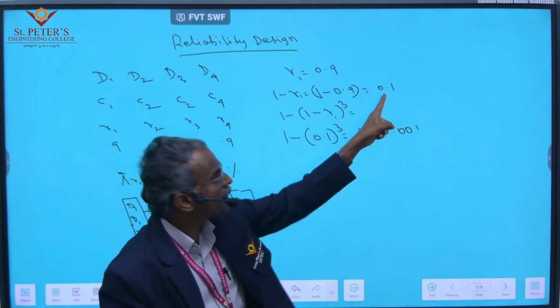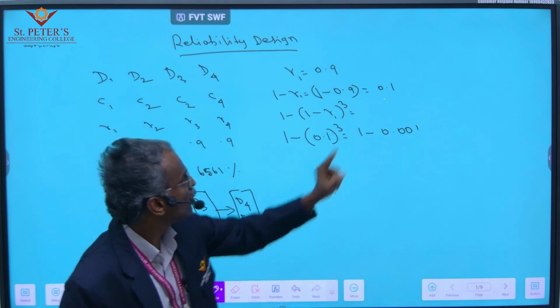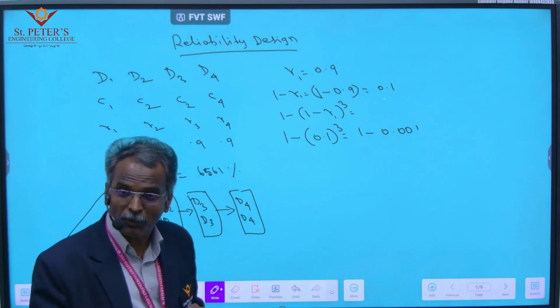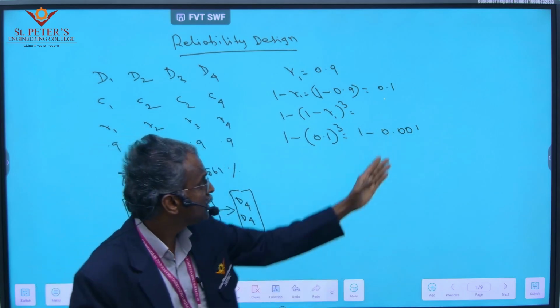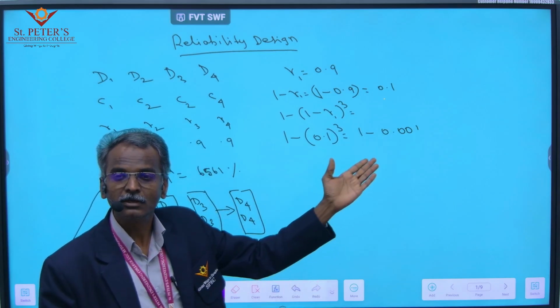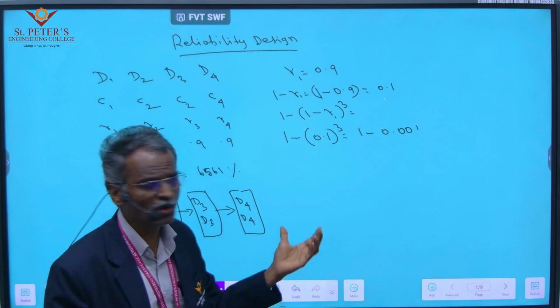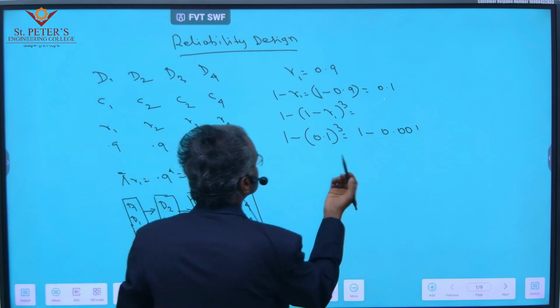So for one copy, your failure rate is 0.1. When you have 3 copies for the particular device, your failure rate has become 0.001. What is the success rate? As you have 3 copies, we need to calculate the success rate.